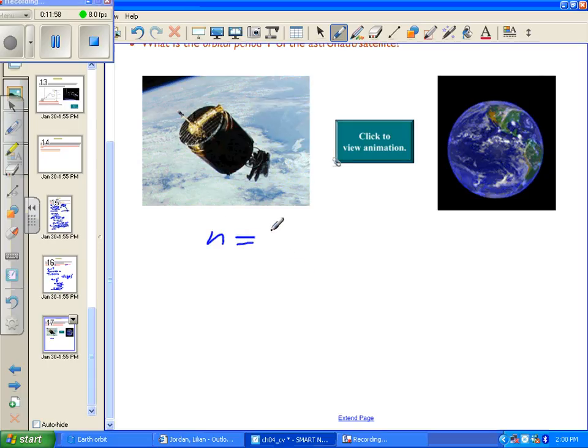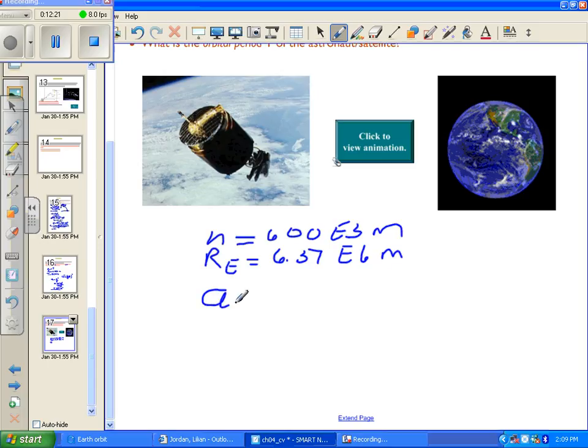h is given to us as 600 e to the 3 meters. The radius of the Earth is 6.37 e to the 6 meters. And the centripetal acceleration, or in other words, the effective gravitational acceleration at this altitude, is 8.21 meters per second squared.